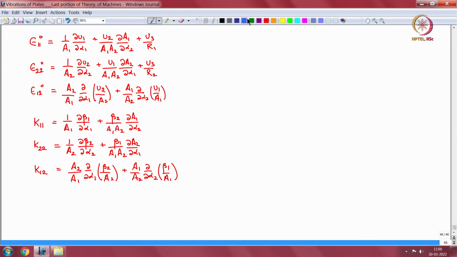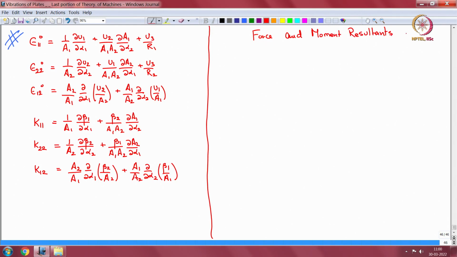This is also a page I would like to note, okay. Now if we look at the sigma, okay, we are now heading towards force and moment resultants, which arise as soon as we integrate with respect to z or alpha 3, okay.